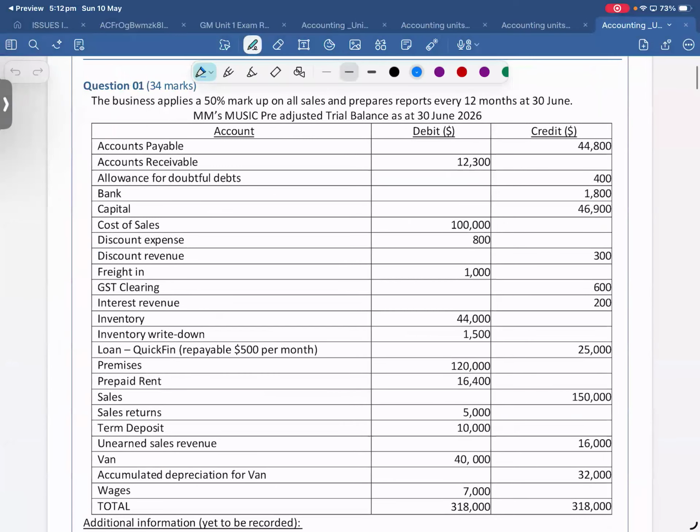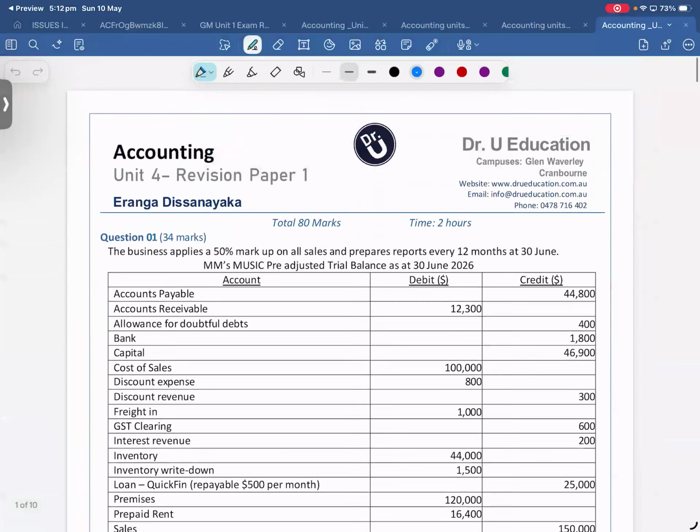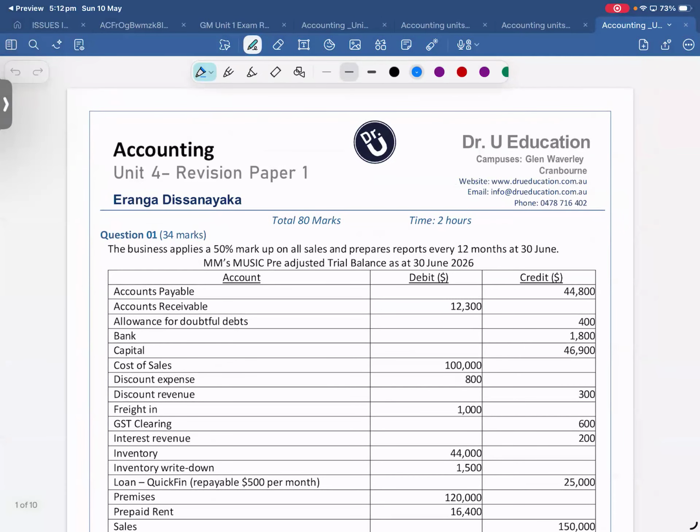Okay, guys. Now, how do you approach the question? Now, this is an 80-mark paper. So that means only 20 marks behind your big paper.